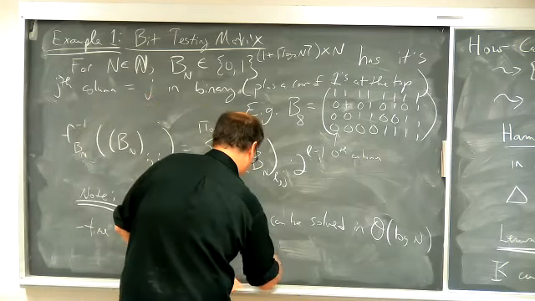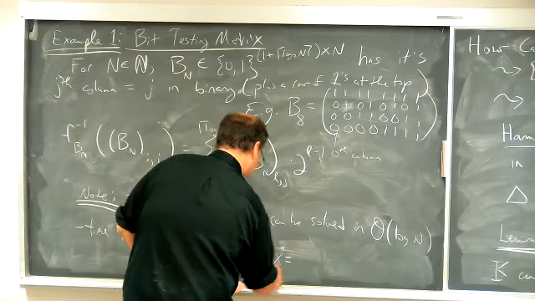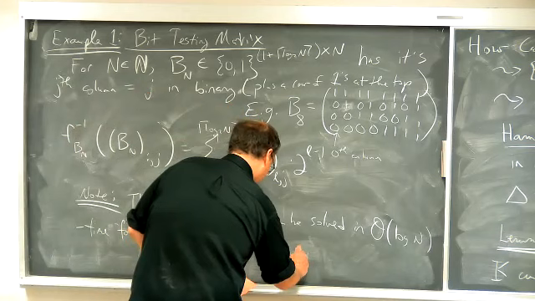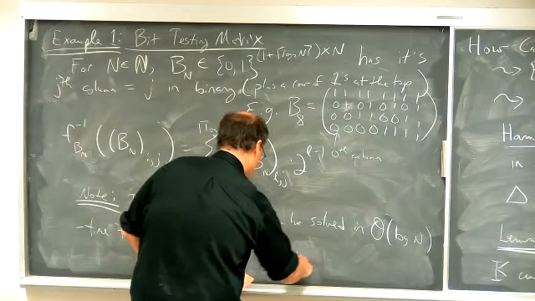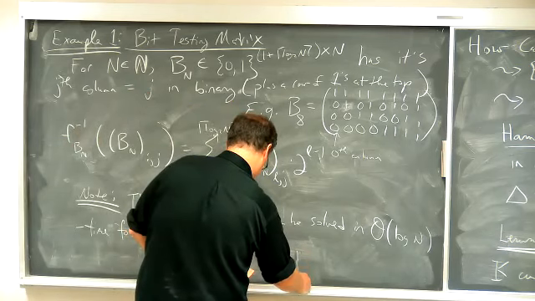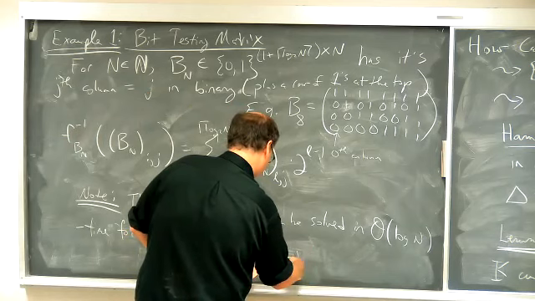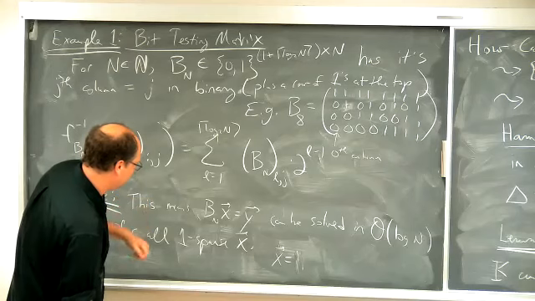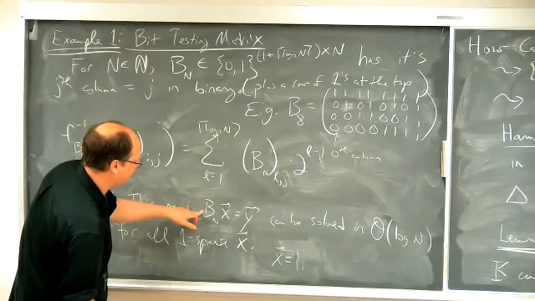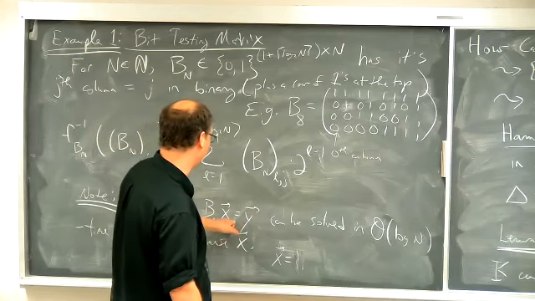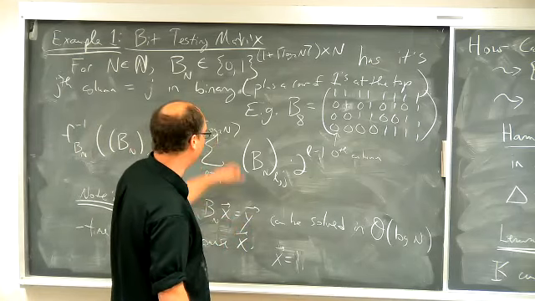So the non-zero entry, let's say the non-zero entry has size gamma. So we're going to get a multiple of this 0, 1 matrix.